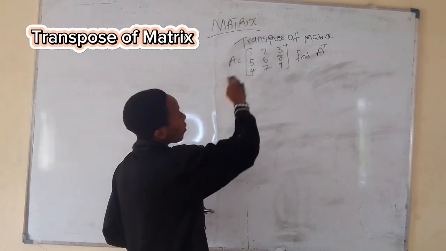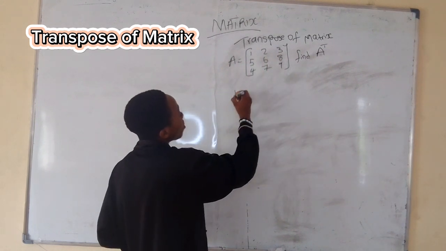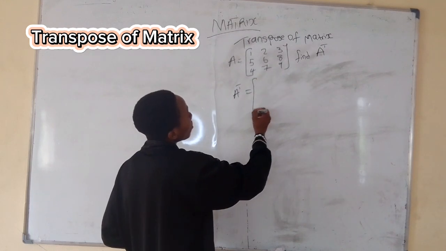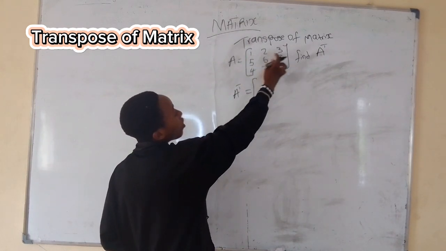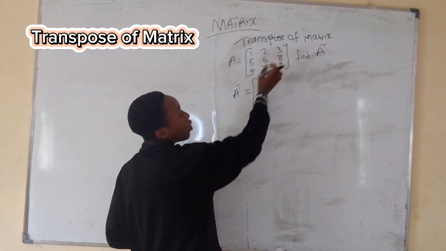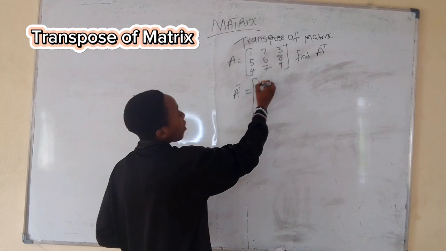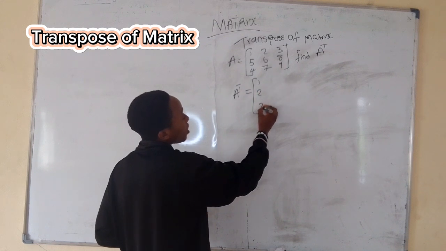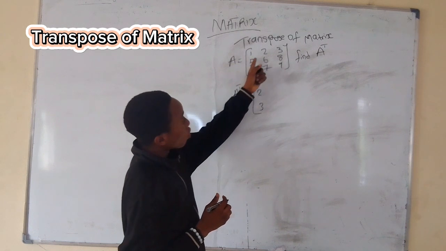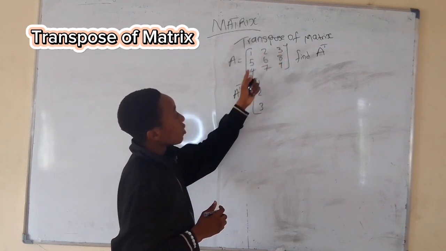So it's all about changing your rows to your columns. Your A transpose will be equal to, your first row is 1, 2, 3. Now you have to change your first row into your first column. By the time you do that, you have 1, 2, 3 as your first column. We do the same to our second row.